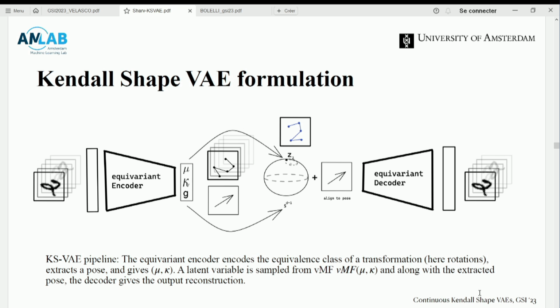As we know, when we are in this zone, we don't have any orientation information. For example, if this were rotation equivariant, we do not have any rotation information. So how do we decode it, or get our image back with the rotation?